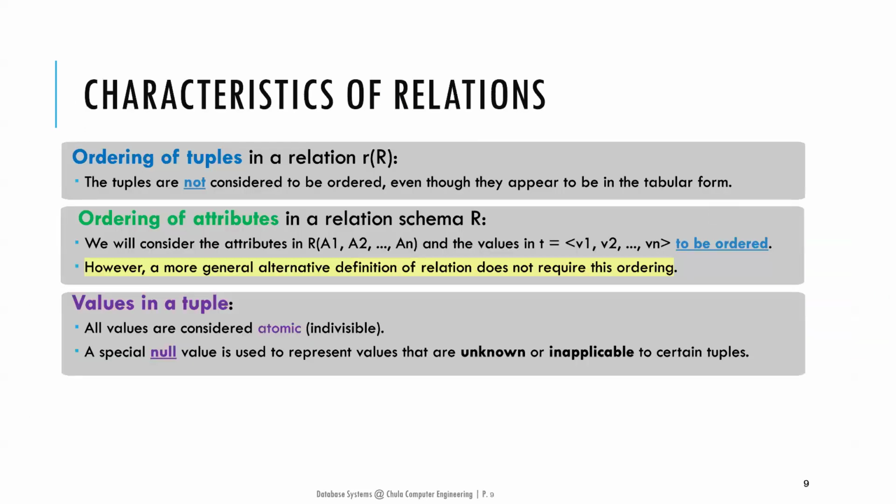Now, we'll talk about the characteristics of a relation. When you have data within the relation, each row is called a tuple. The ordering of the tuples in the relation is not considered. These tuples are not considered to be ordered.